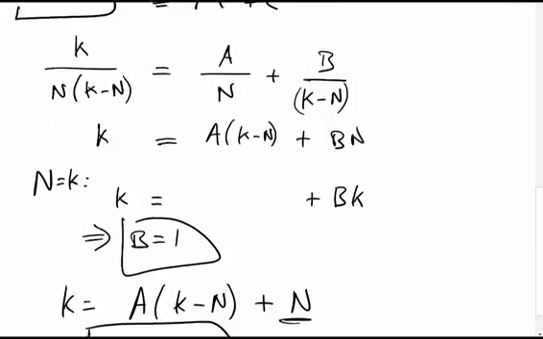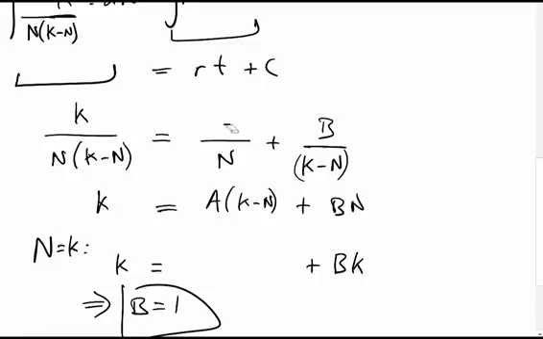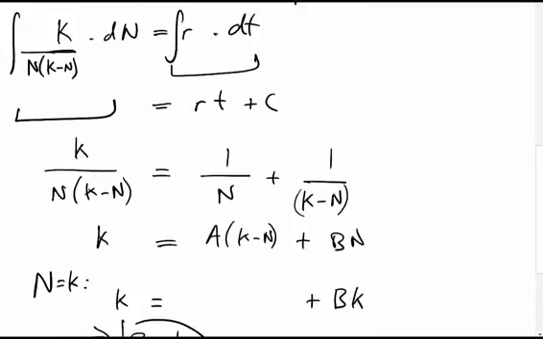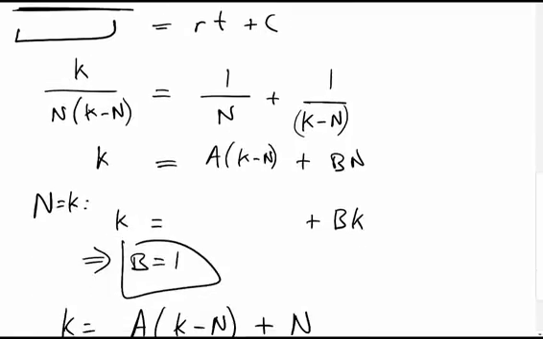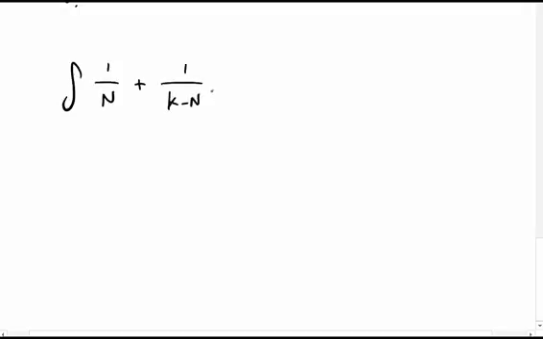So if I take it back to here, I can now rewrite this as 1 plus, and this is 1 as well. So in other words, I can now rewrite this integral here as the integral of 1 over n plus 1 over k minus n with respect to n.